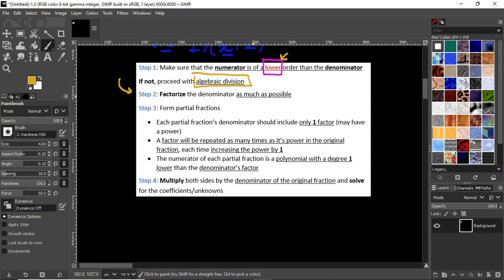The second step is to factorize the denominator as much as possible, in terms of real number factors.